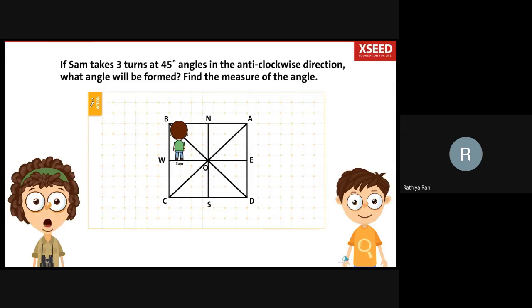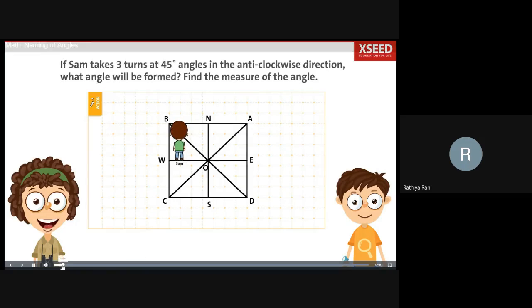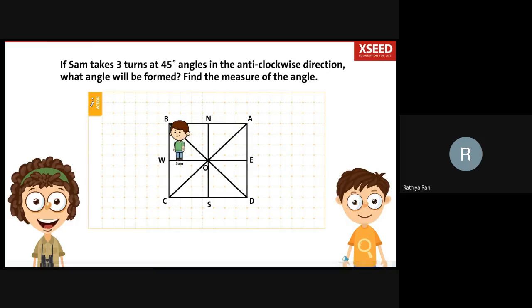Now, Sam is facing north. Next question. So only Sam was there. If he turns by 45 degrees 3 times in the anti-clockwise direction, what angle will be formed?